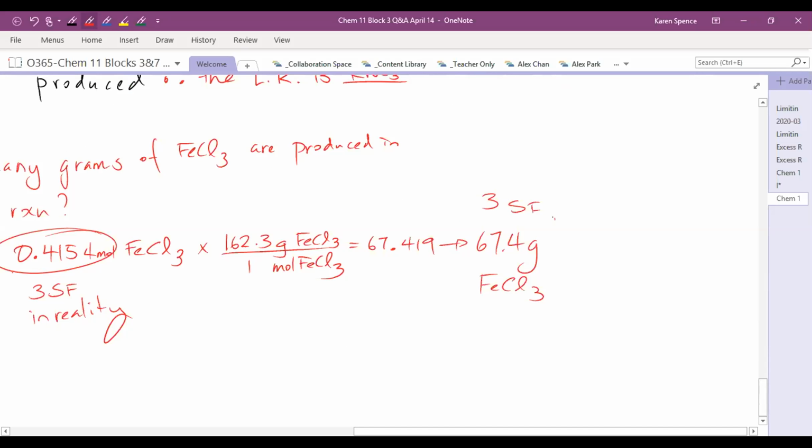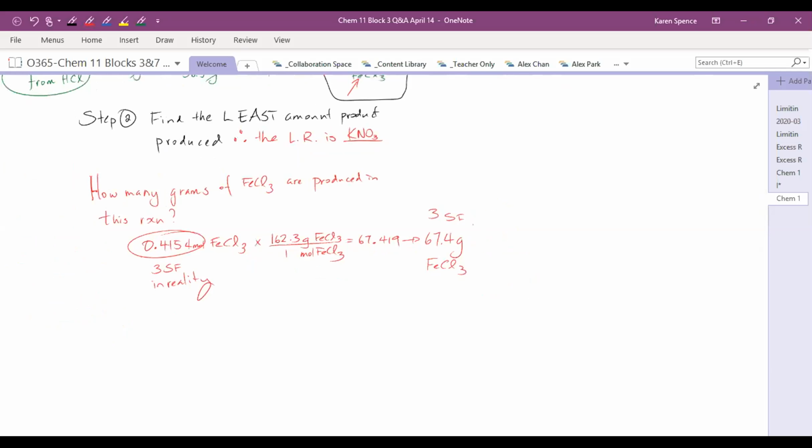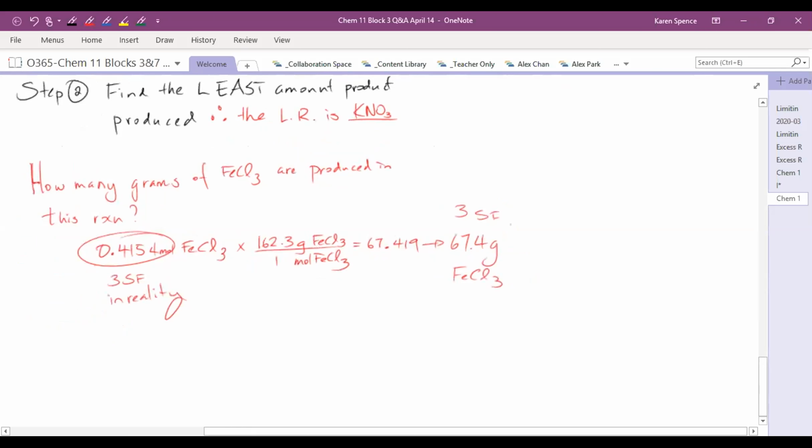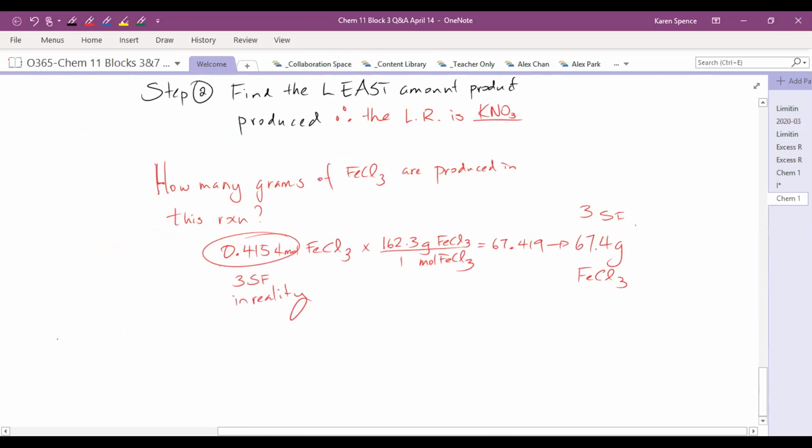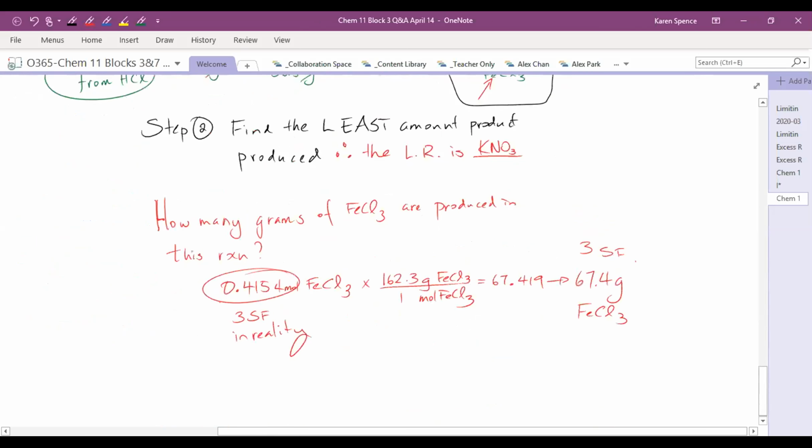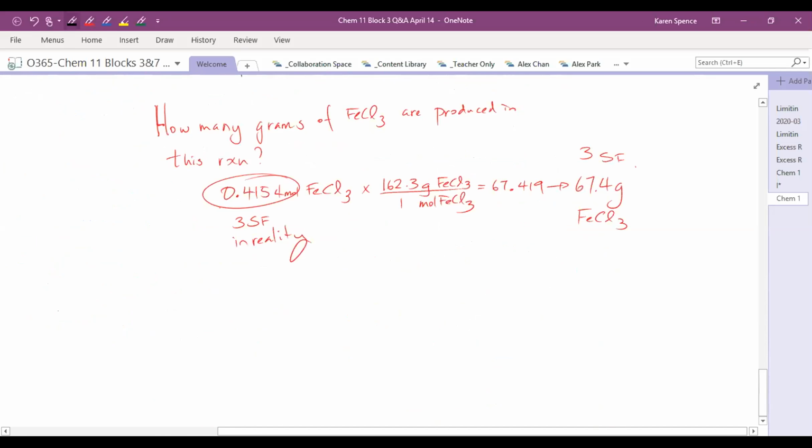Do we want to go that final step and figure out how much excess reactant is left over? Yes. Okay. Let's do it then. So, there we go. Finding the amount of reactant left over. You are always going to use this same subtraction. Okay?